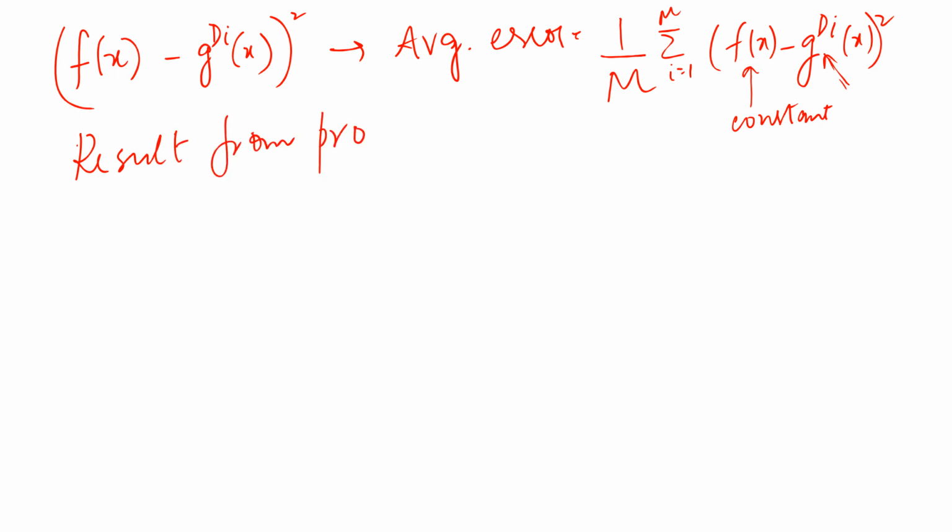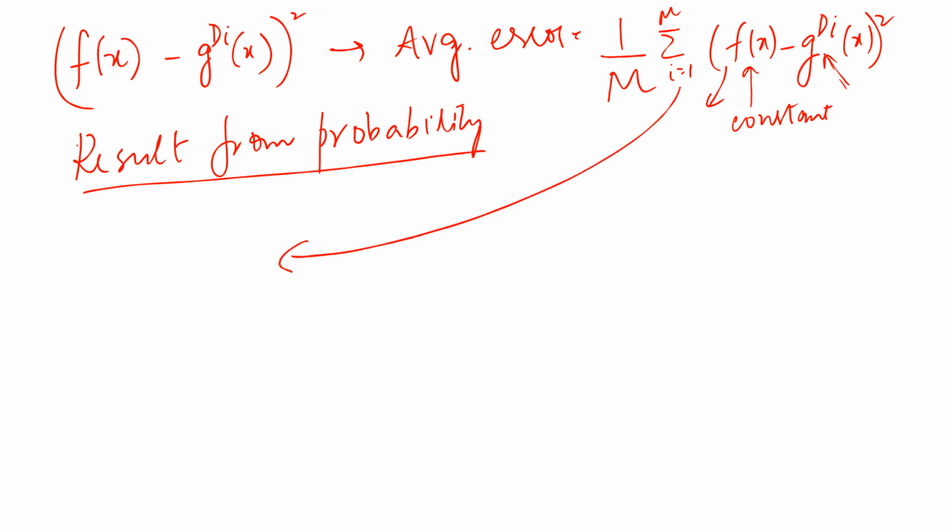Most likely if you've taken a probability or statistics class, you would know this: because there is a constant and a random variable, if you expand this term, you can write it in a certain way.